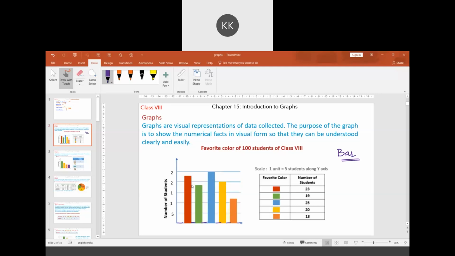By looking at the graph in general, we can see that the blue color strip has a larger length. Its height is more. So, the graphical representation will make things easy. It will become easy for us to identify which one is large and which one is small. Here the smaller one is this orange color strip.